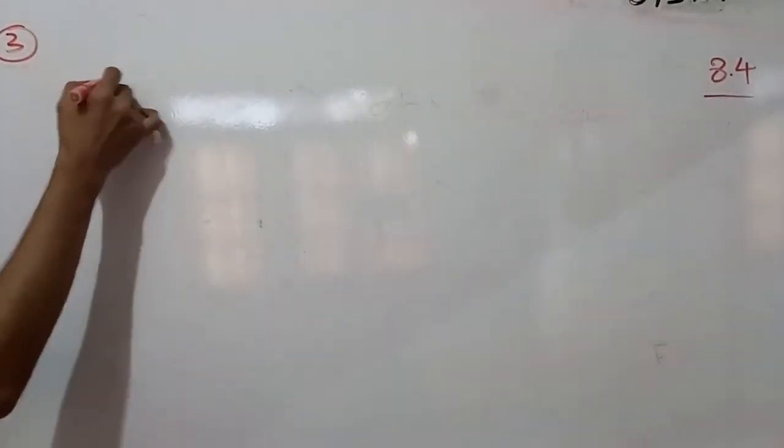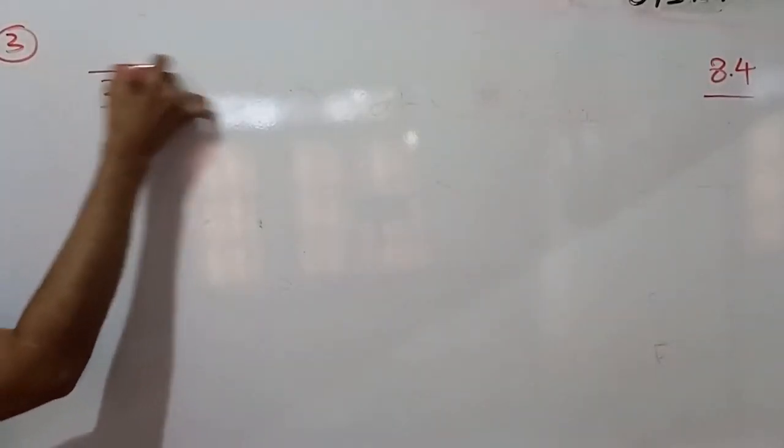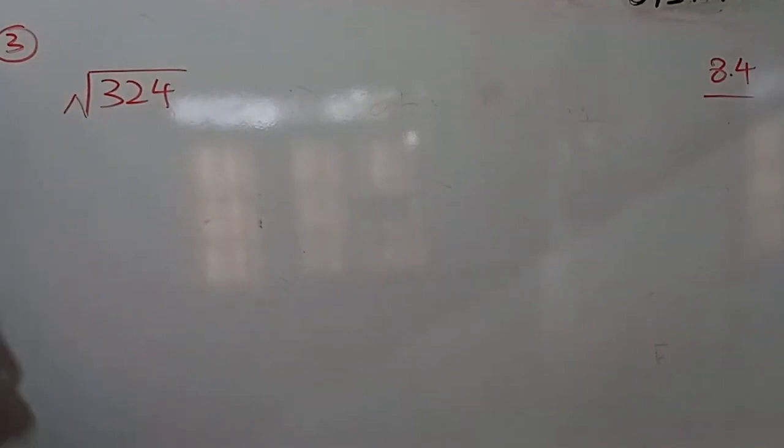Question number 3. The value of square root of 324 is a whole number between 15 and 20. Find the square root of 324 by observing the last digit. So we have to calculate the square root of 324 by using the observation method. Right?